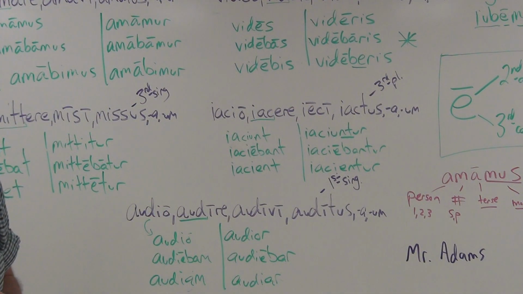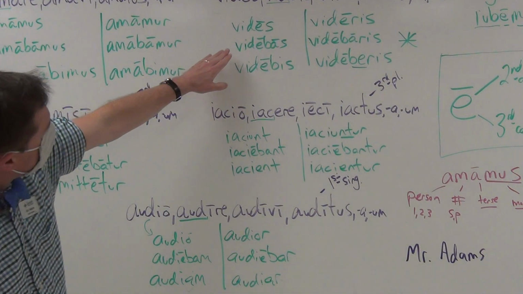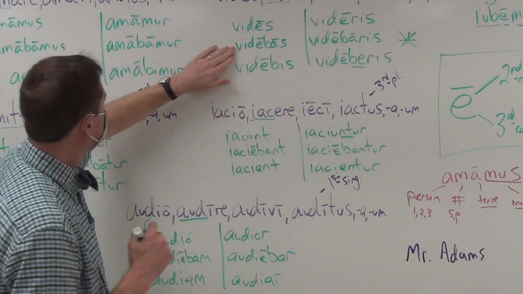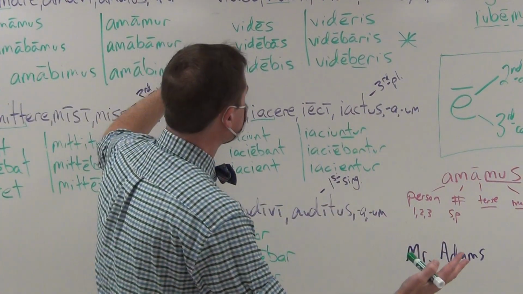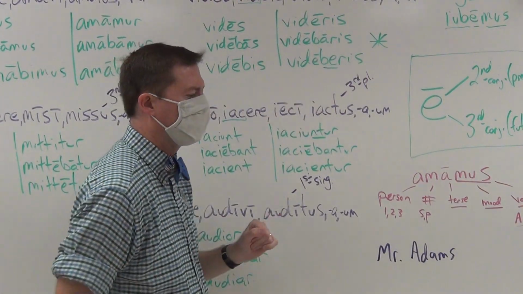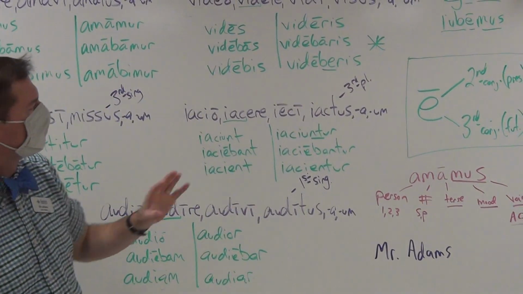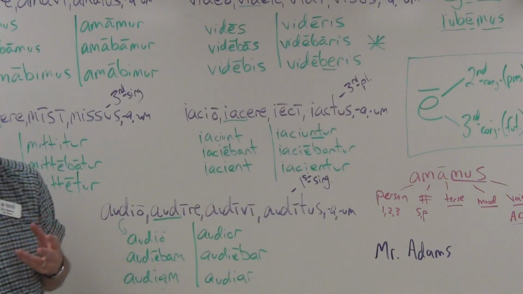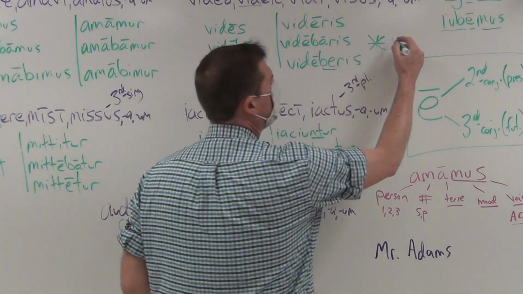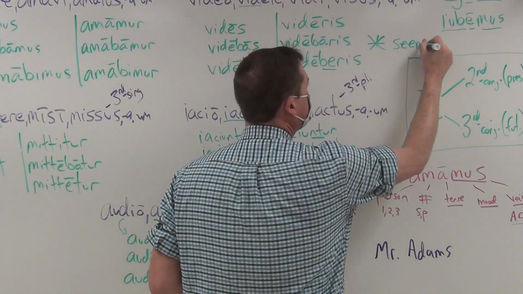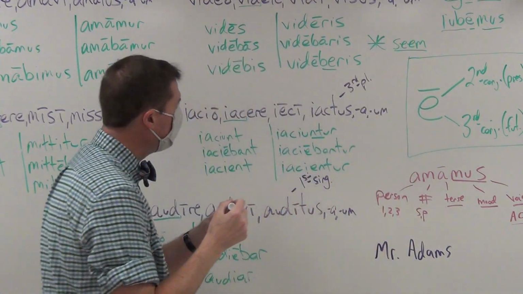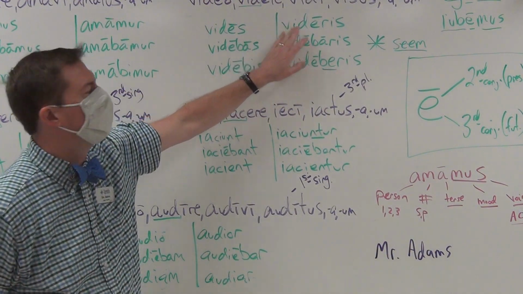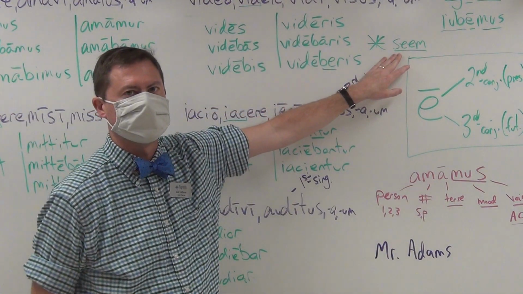Let's pick another one. How about we go with up here. Now, imperfect. Videbās. You saw. You were seeing. Now over here, the asterisk is there because not only in the passive is it going to no longer mean to see, but to be seen. To be seen also is going to mean to seem. So if I say, you are seen as a good student, that means you seem a good student.